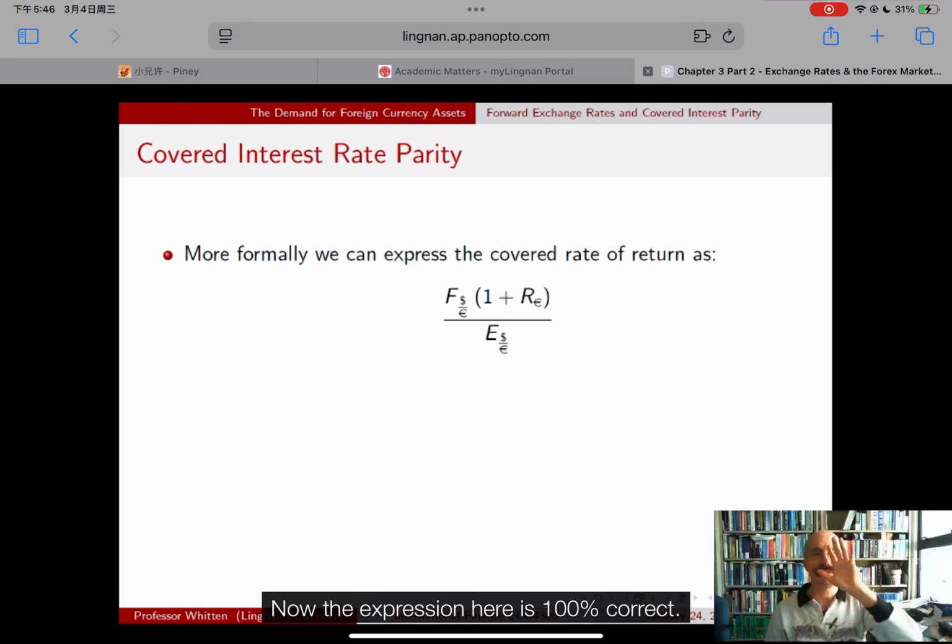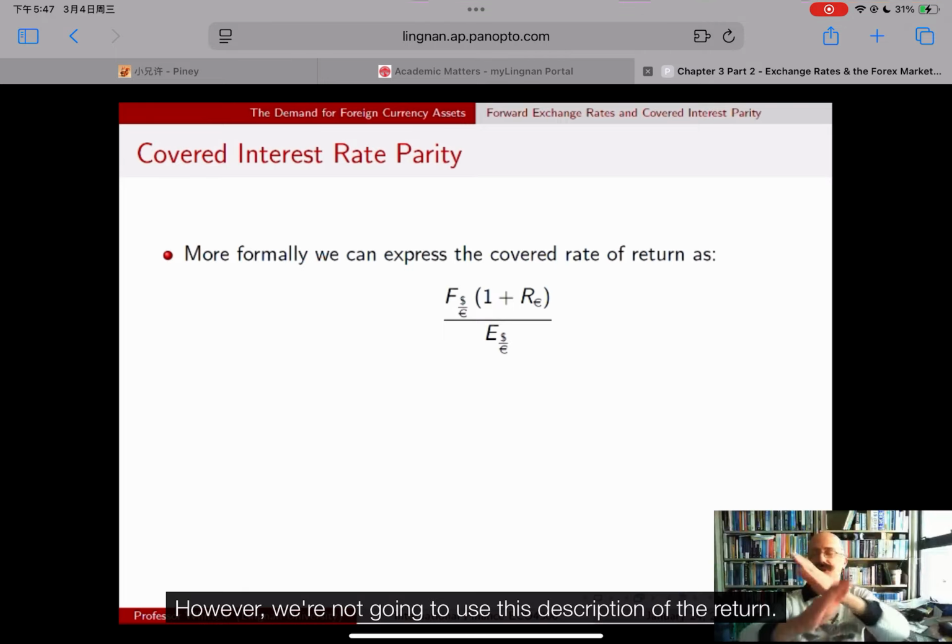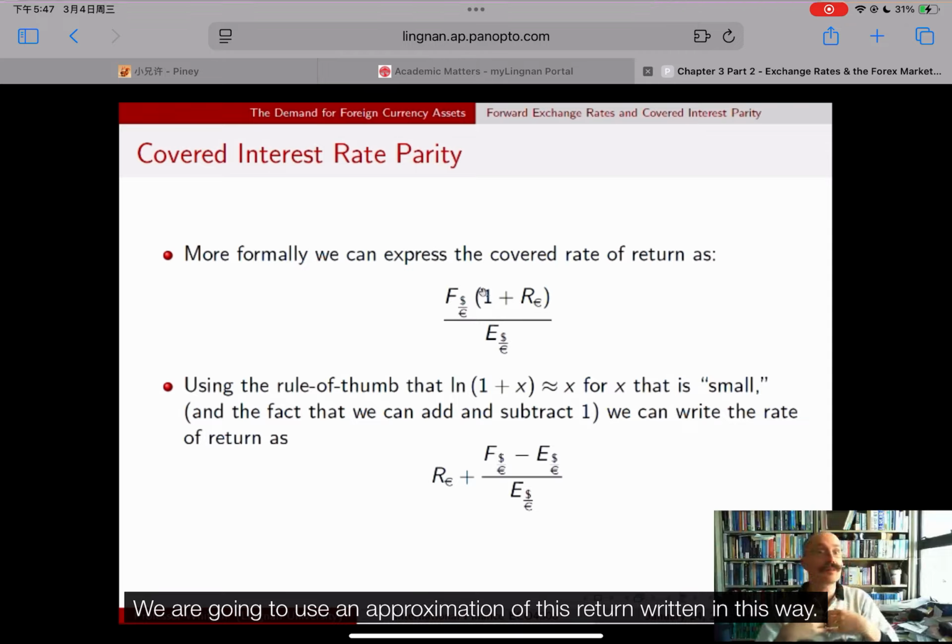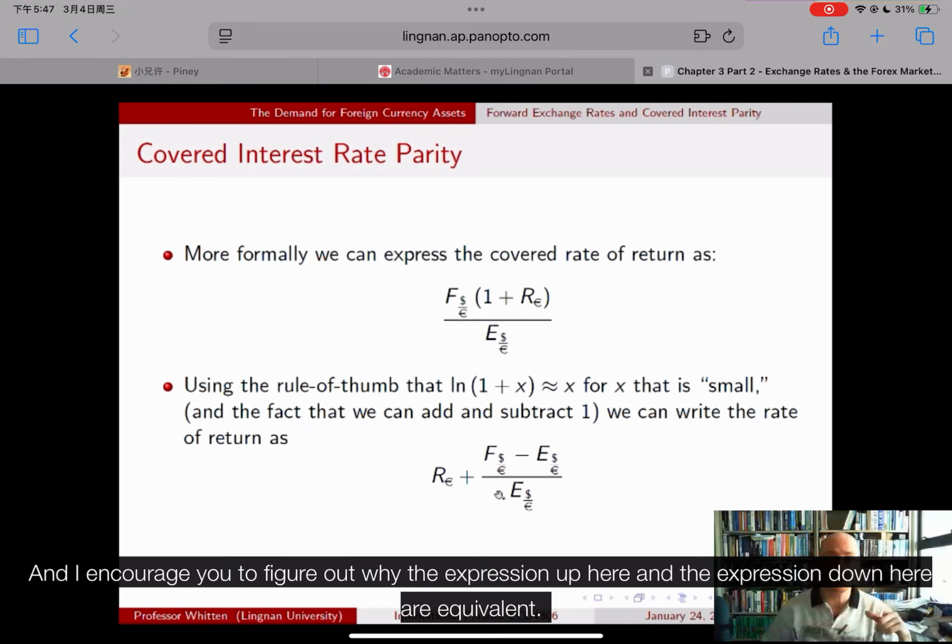Now, the expression here is 100% correct. However, we're not going to use this description of the return. We are going to use an approximation of this return written in this way. And I encourage you to figure out why the expression up here and the expression down here are equivalent.